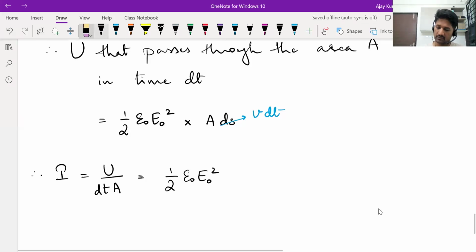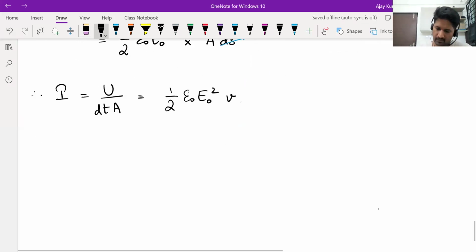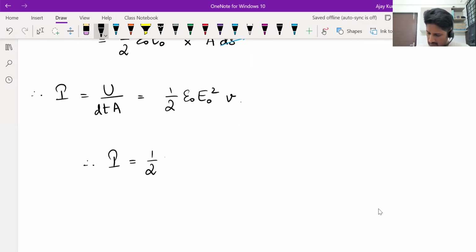You will be left with V. Therefore, intensity of an EM wave is half epsilon naught E naught square multiplied with V, where V is the speed with which they are traveling. You can also write it as half B naught square by mu naught into V.